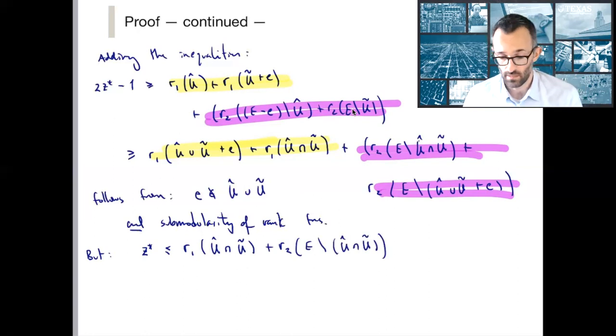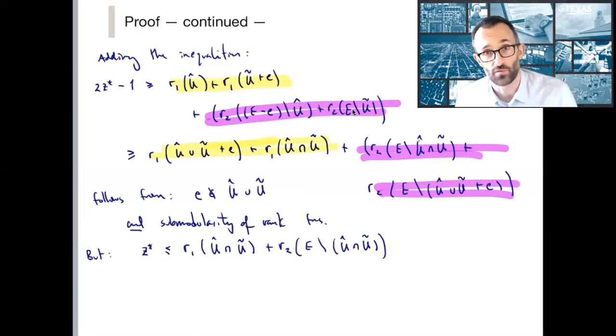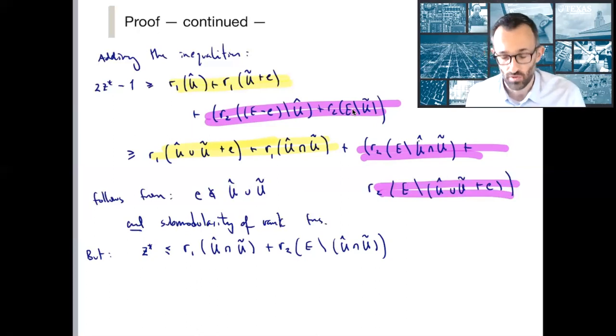This is just the very first inequality that we derived before we started to prove the reverse inequality. So if you look back at the theorem, we said that for any U, Z star is less than or equal to R1 of U plus R2 of the complement of U. So in particular, it certainly also holds for U equal to the intersection of U hat and U tilde.